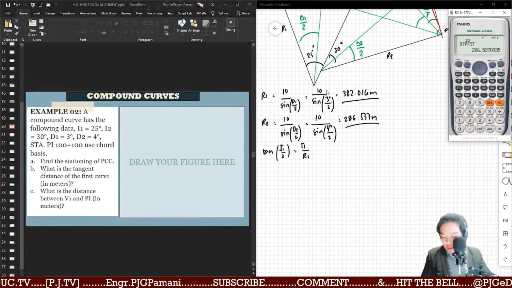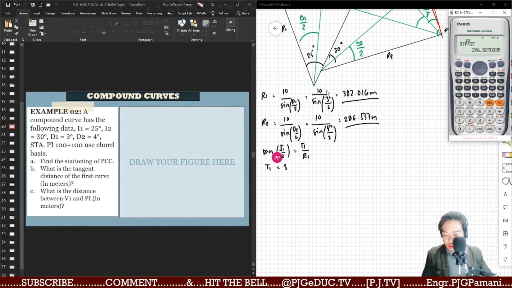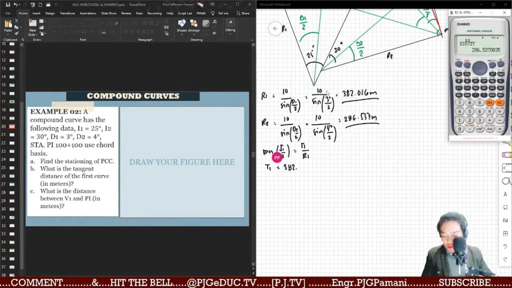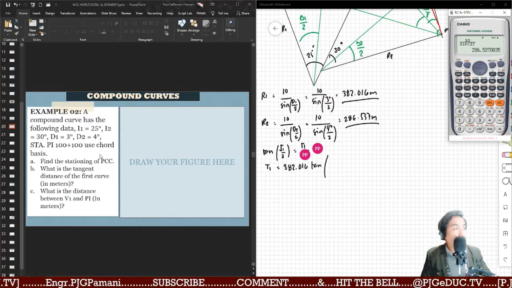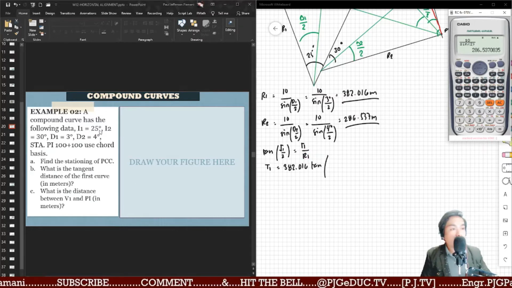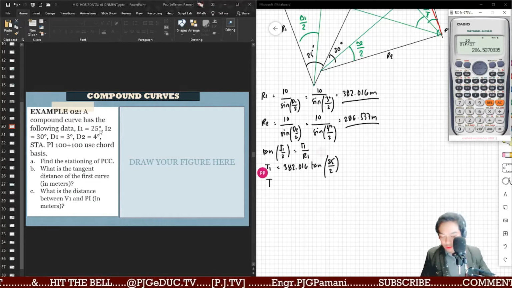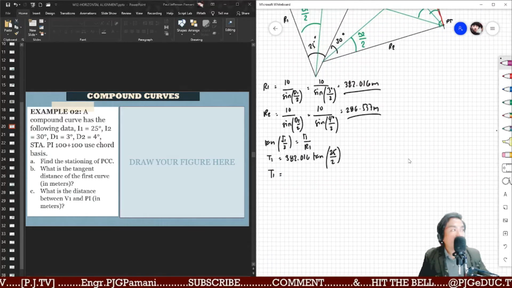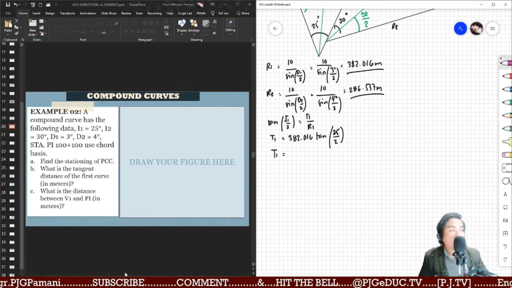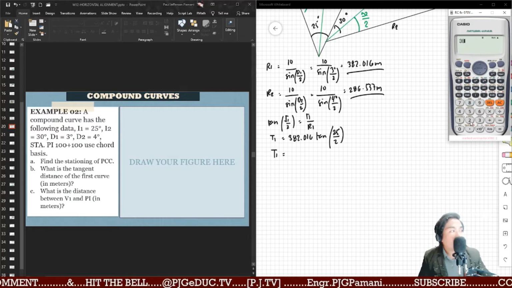Substituting, T1 is equal to the radius of the first curve, 382.016, times tangent of the central angle of the first curve, 25 over 2. I'll go straight, you can write your step by step. You know which triangle this comes from, right?